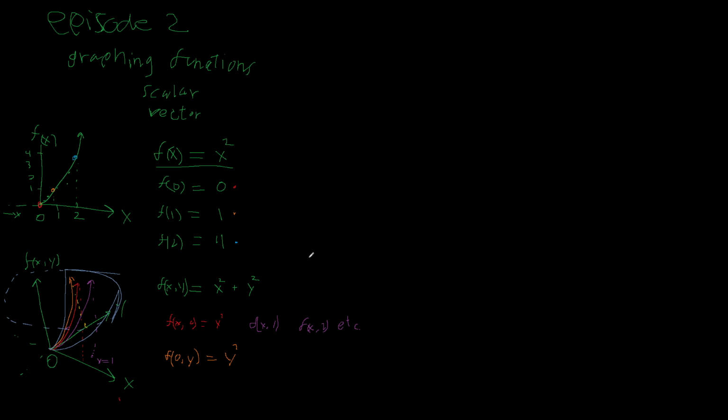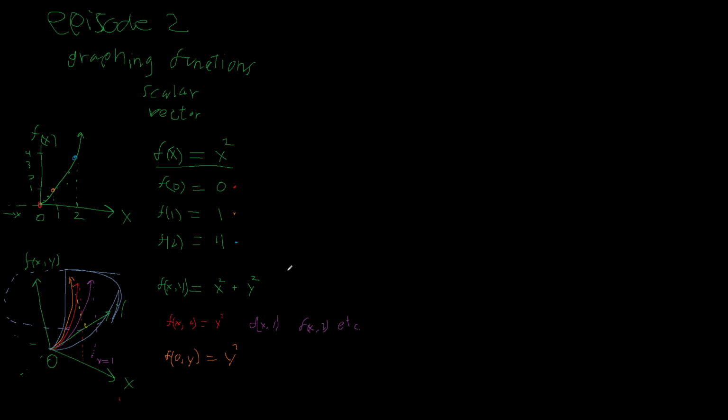Then the next thing we want to think about is, what about vector valued functions? It's pretty much the same process, except at every point we don't have a single point. Instead, we have an arrow.